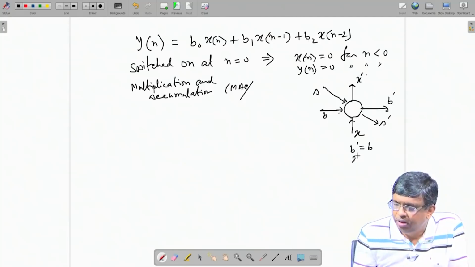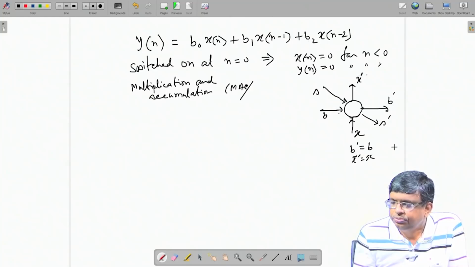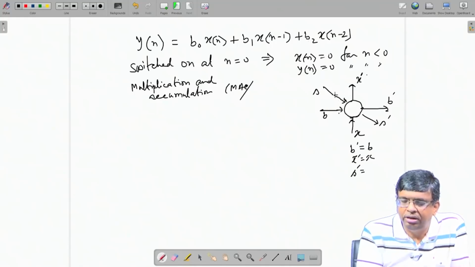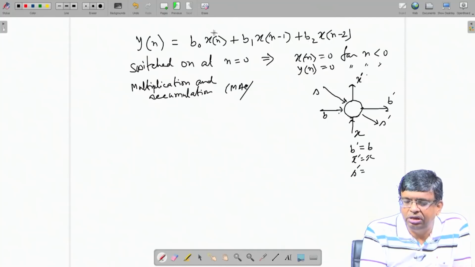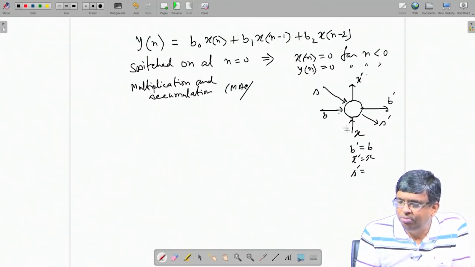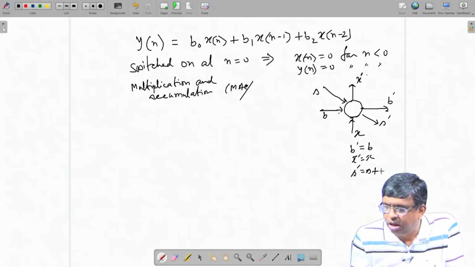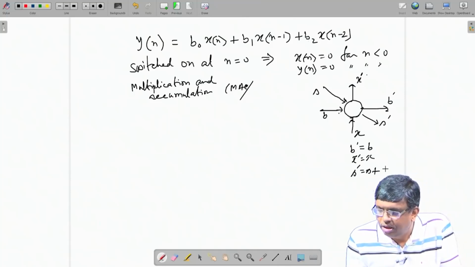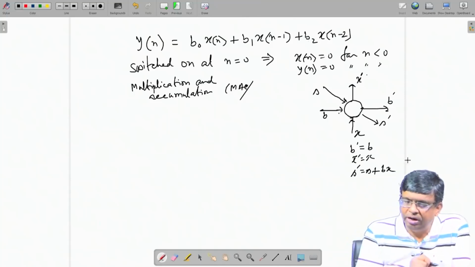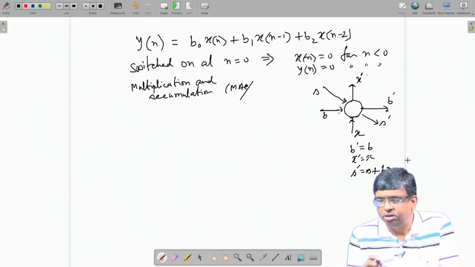So, x prime is x, and in the case of s prime is the actual s for summation. So, incoming thing plus b into x, like b into x plus incoming thing, this is like s and b into something. So, b into x. So, s prime is the result of this together, s plus b into x. This is how we define our basic processor.